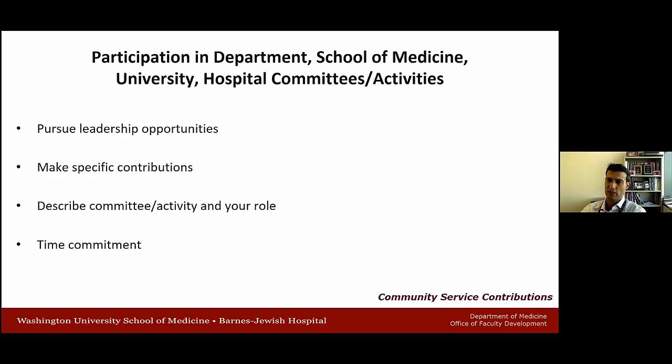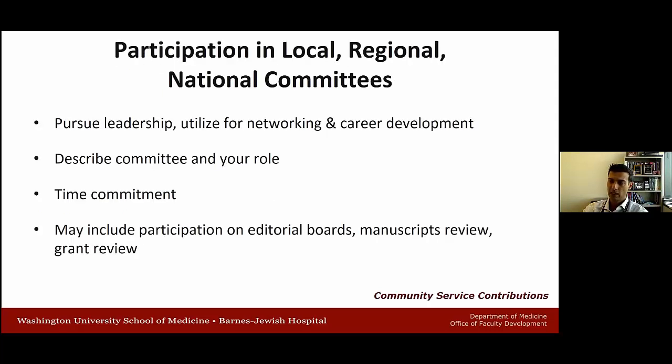Participation in university work, I think, is self-explanatory, but again, not just listing what it is that you were a part of, but the time that was involved in those activities is important to document. I think the involvement in local, regional, and national committees is not only important to document, to give yourself credit, but this is one of the central things that is going to be important in the promotional process.